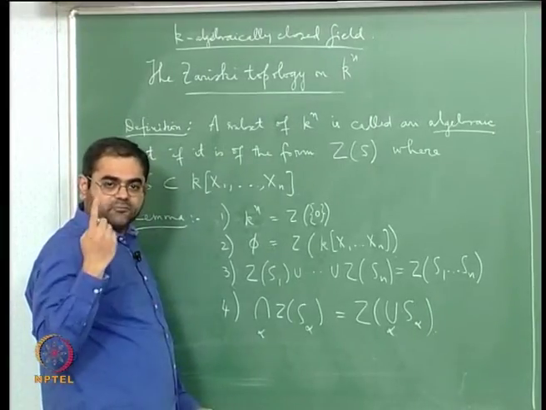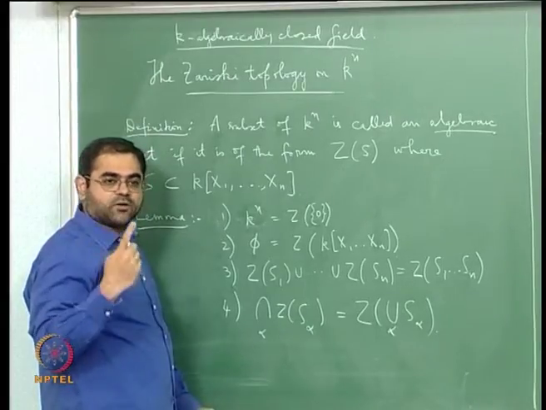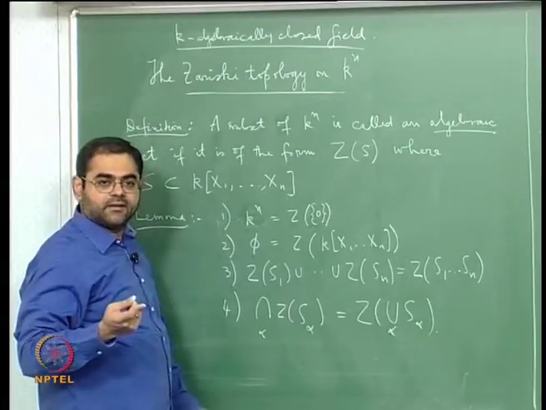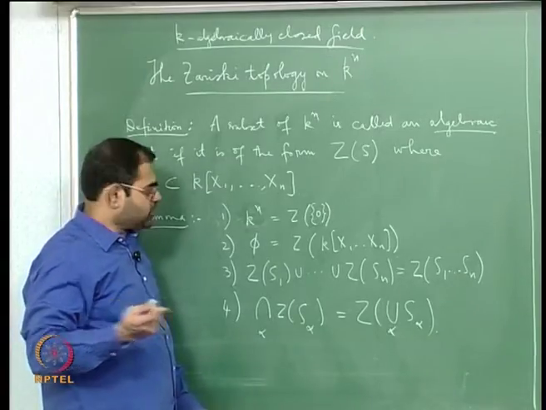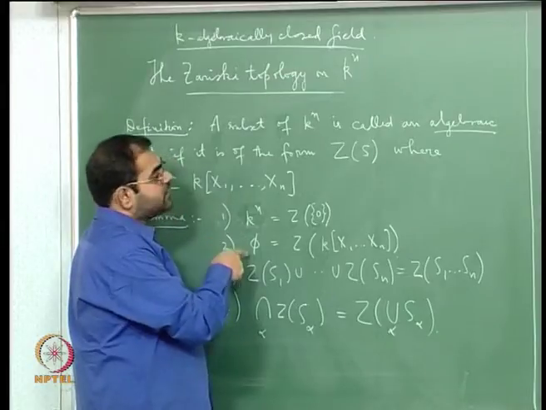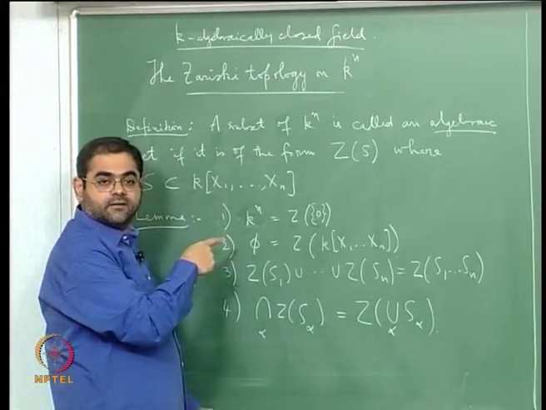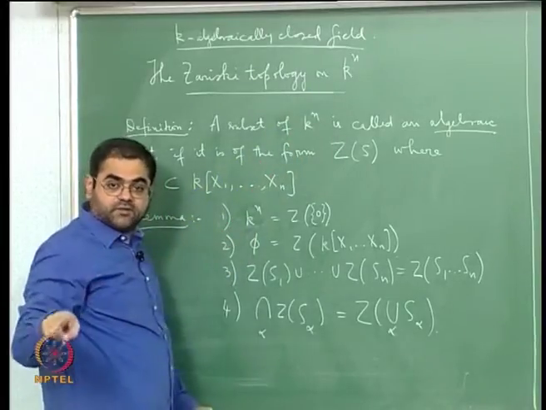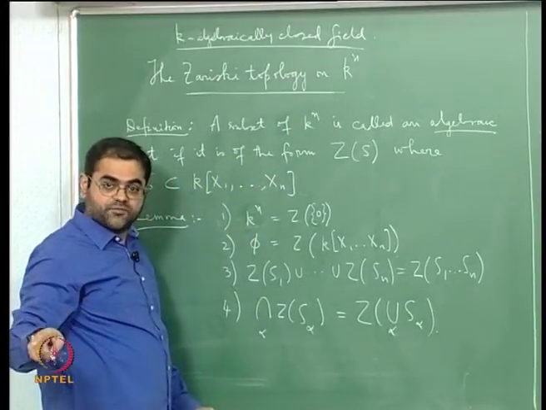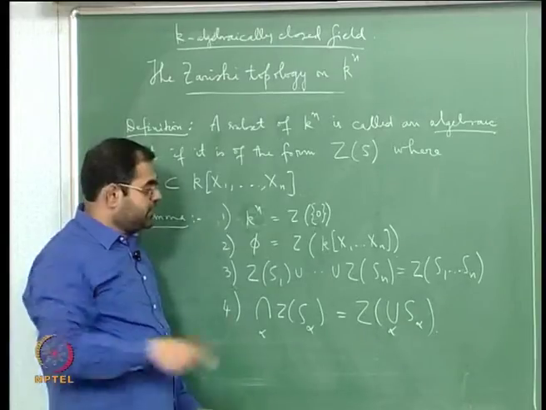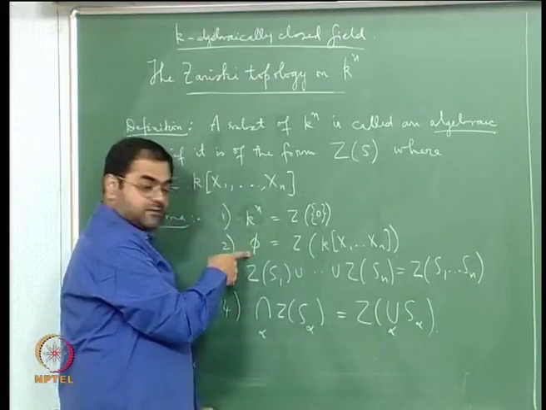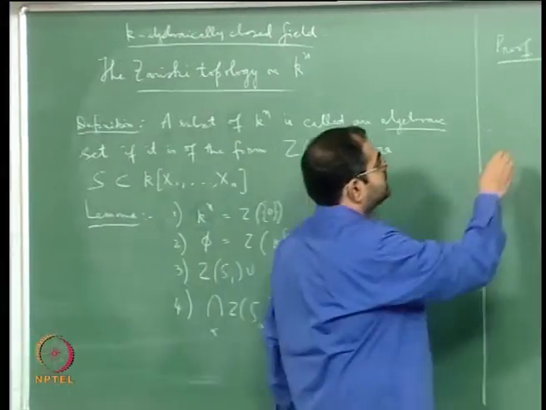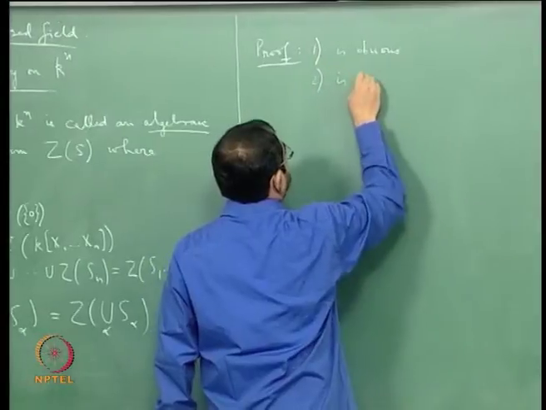For example, you take the polynomial 1, think of 1 as a constant polynomial, it always has the constant value 1, so it is never going to take the value 0. So there is not going to be a single point in this Cartesian product which, if you substitute it, gives you the value 0, because the value is always a non-zero constant. Therefore this set turns out to be empty. And the second statement is also obvious.